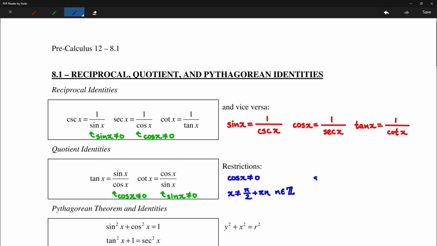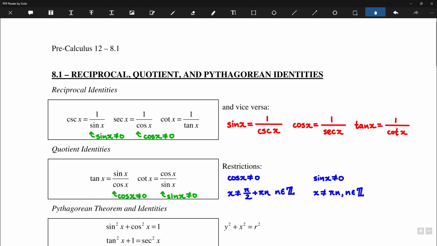Also, for sine x to be not equal to 0, x is not equal to pi n, where n is again an integer, since if the angle is 0 or pi, then sine x would be 0. And if sine x cannot be equal to 0, then x cannot be pi n. So it's very similar to the cosine x restriction.